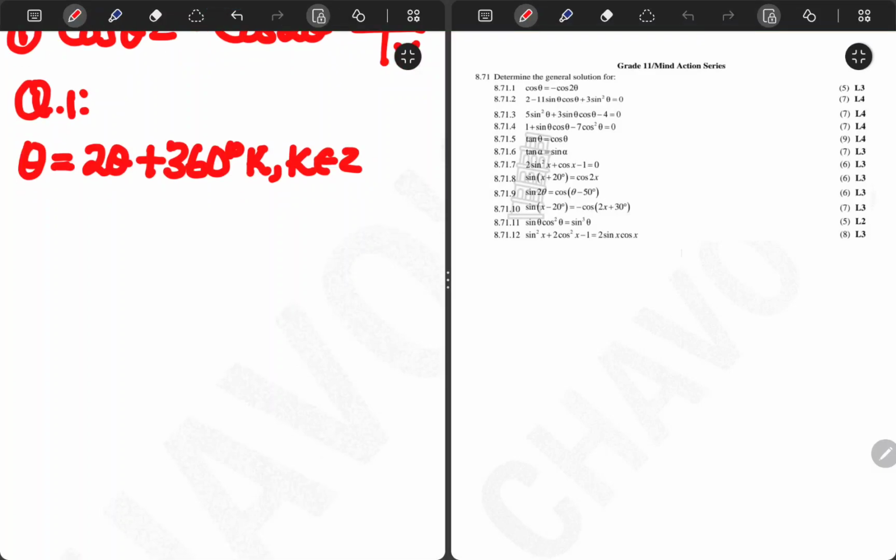So from there, we'll have to solve for theta. This will be negative theta equals 360k.